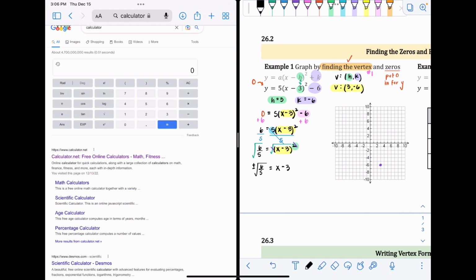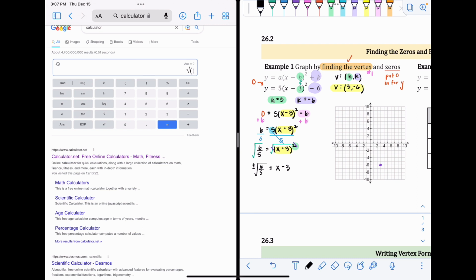Okay, so I wanted to get the calculator popped up just so we can go through this next part together. This is just the Google calculator, so if you just Google calculator, it'll pop up. I need to take the square root of 6/5. If I want to take the square root of 6/5, I would click on the radical on the calculator, which looks like the 4th row and the 3rd button over.